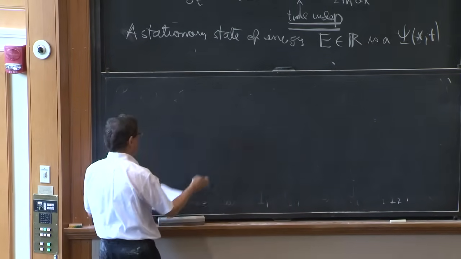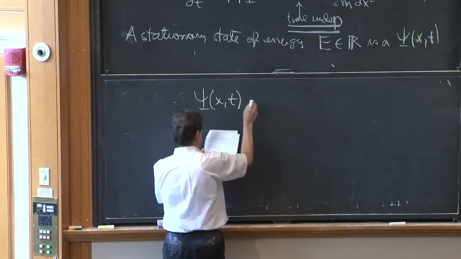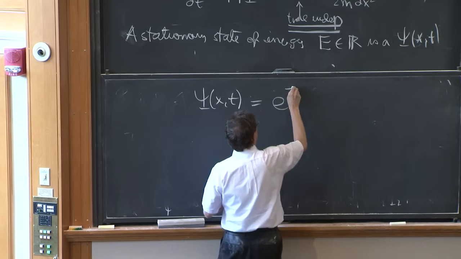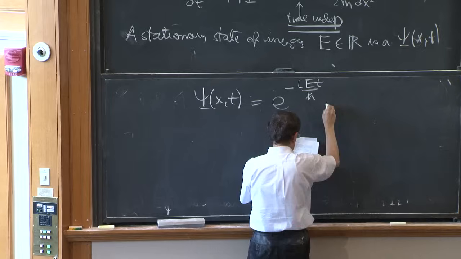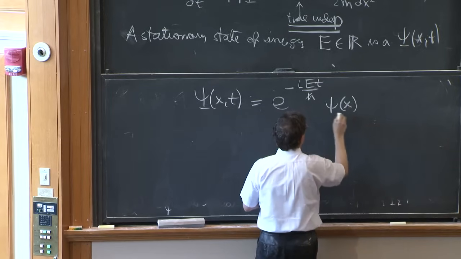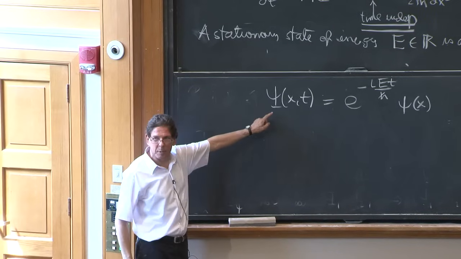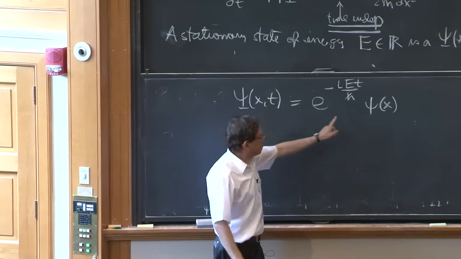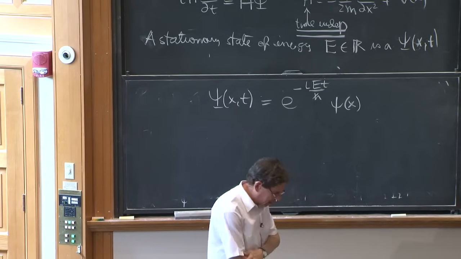We say that this is a stationary state, e to the minus iEt over h bar psi of x. And this psi is on purpose different from this psi, it doesn't have the bar at the bottom, and that signals to you that it's the time-independent one.